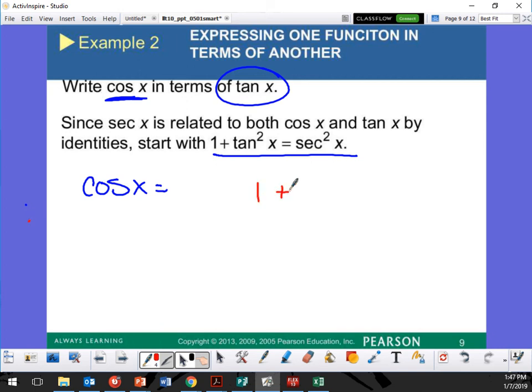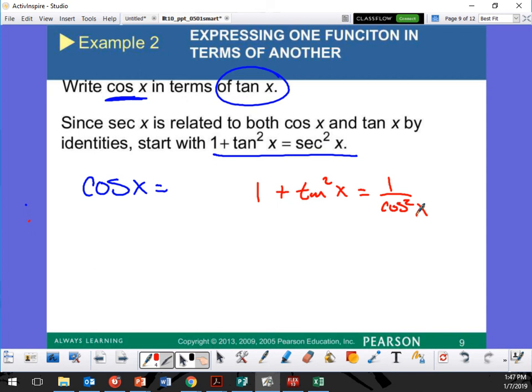1 plus tangent squared x equals 1 over cosine squared x. What did I just end up doing right there? Yep, change secant to 1 over cosine. It's the same thing we had earlier, right? Now I do not want it to say 1 over cosine.